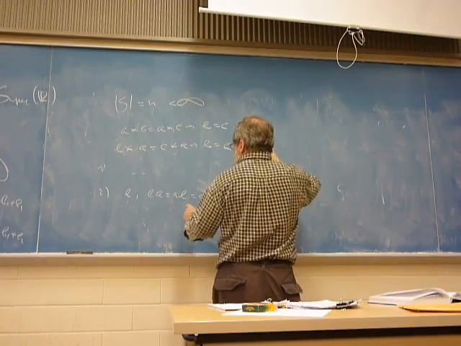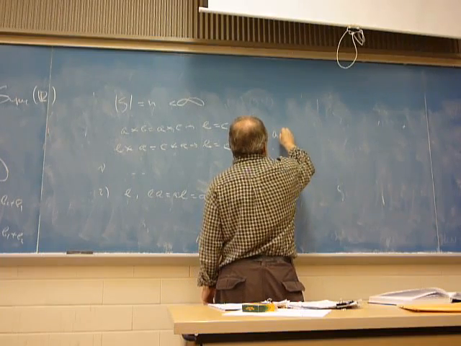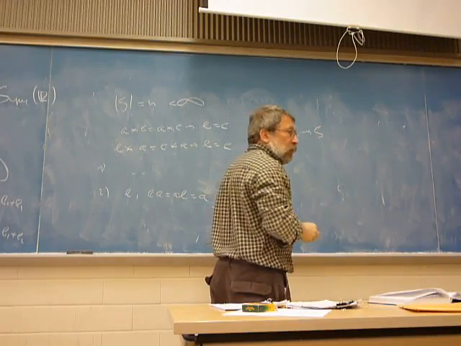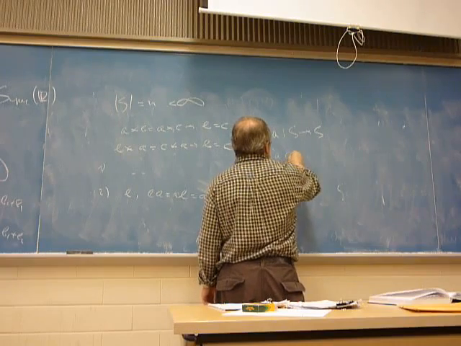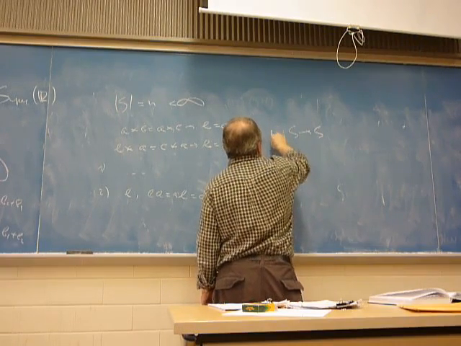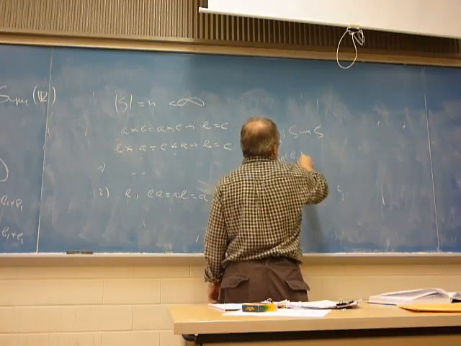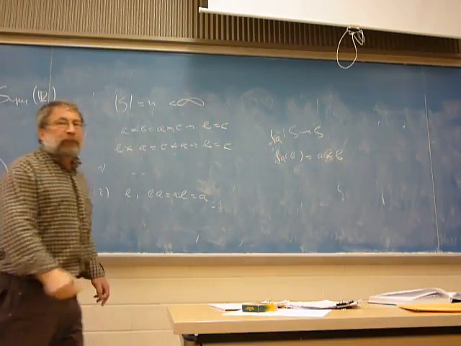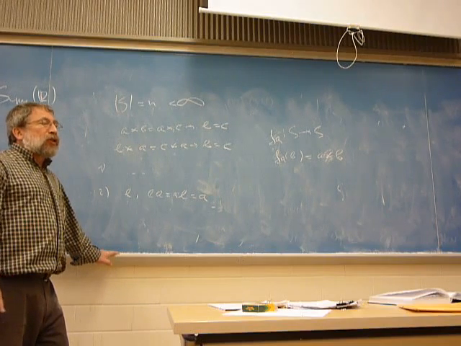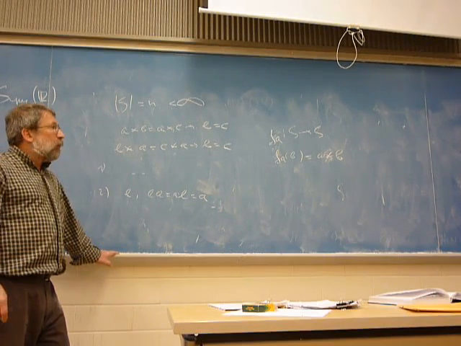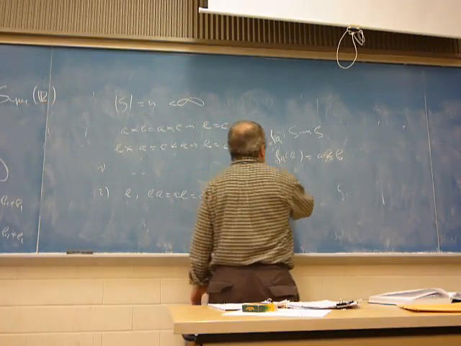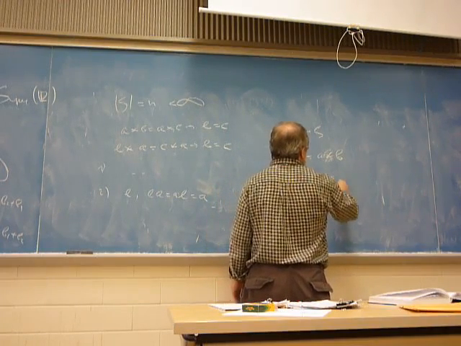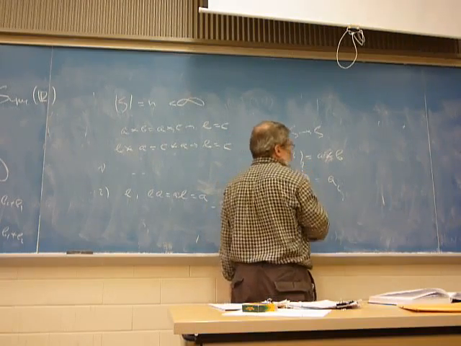One idea is to consider the mapping F sub A from S to S. It takes an element B to A star B. Suppose I have an identity, then certainly F sub A of the identity must be equal to A. Of course I don't know if I have an identity or not.